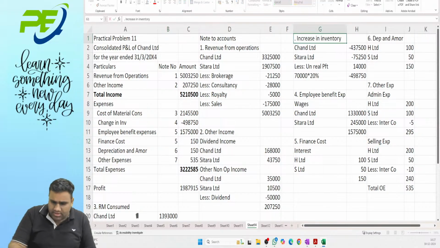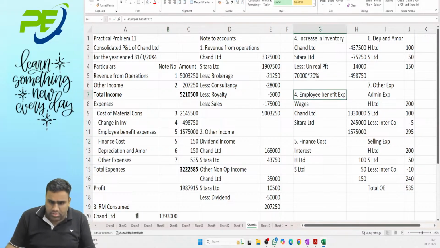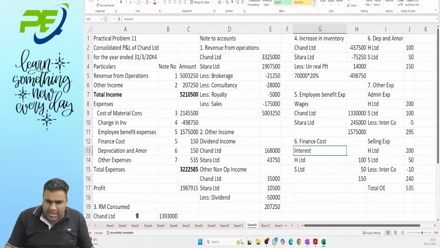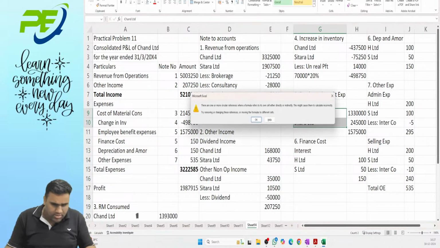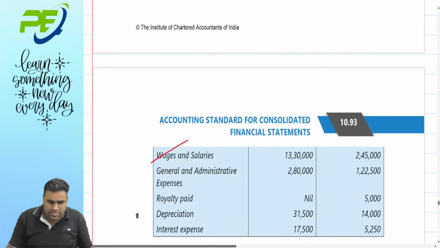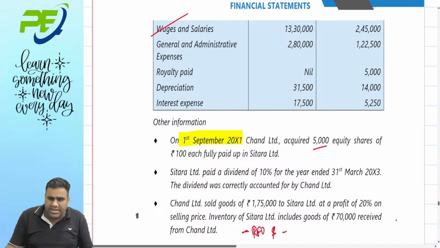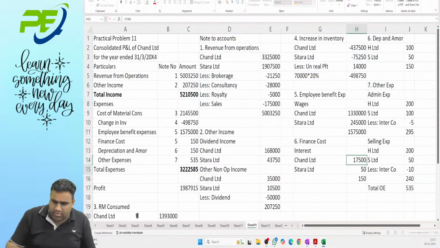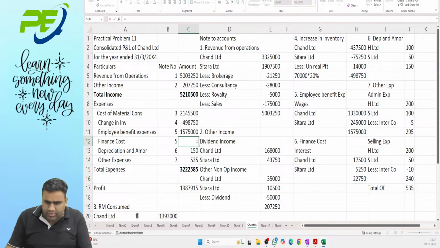Give me 1 minute. Finance cost, how much and how much? 17,500 and 5250. 22,750.